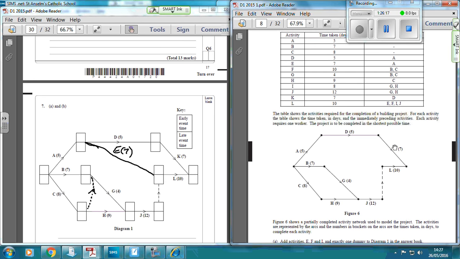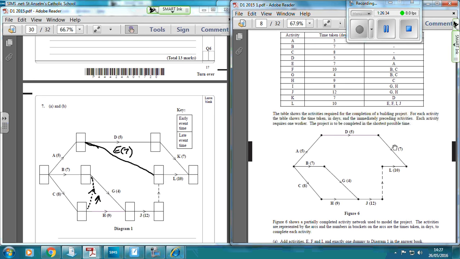It needs to be going in this direction, because others aren't dependent on B, only on C.